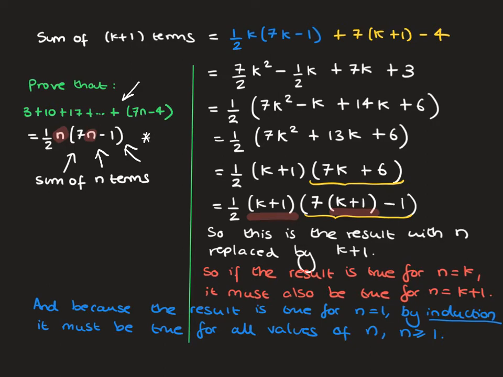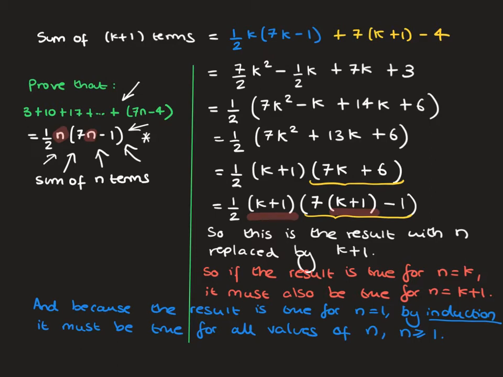And we proved on the basis of that assumption, if it's true for when you add together k terms together, it must be true if you add together k plus 1 terms. Now, that means by induction, if the result is true for one number, it's then true for the number after that. And because we proved that the result was true for n equals 1, by induction, it must be true for n equals 2, and then for n equals 3, and so on, which means that the result, i.e. this formula here for the sum of n terms, must be true for all values of n.